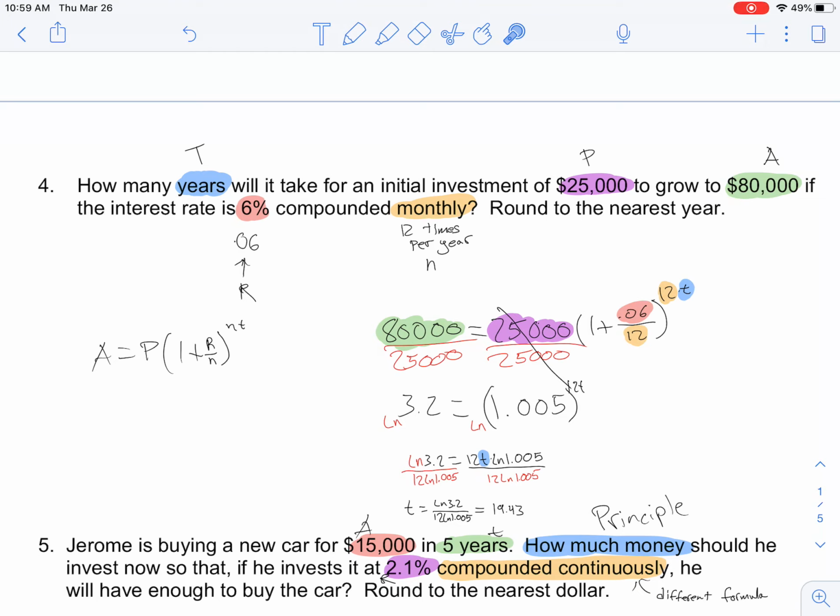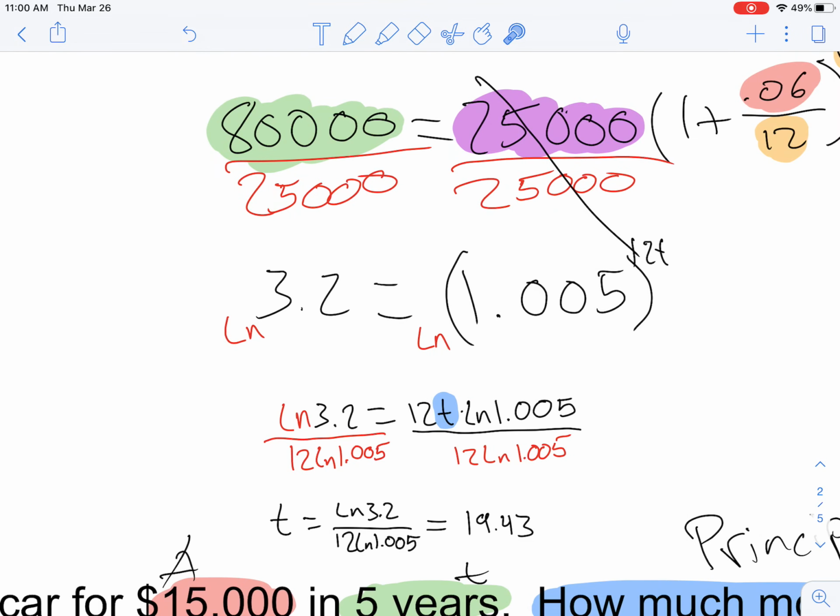So we divide both sides by 25,000 first. That left me with 3.2. I think in the other answer key, it may have just been left as that amount. Then, in order to solve for an exponent, if we have an unknown or a variable in our exponent, we are going to natural log both sides, or we can log both sides.